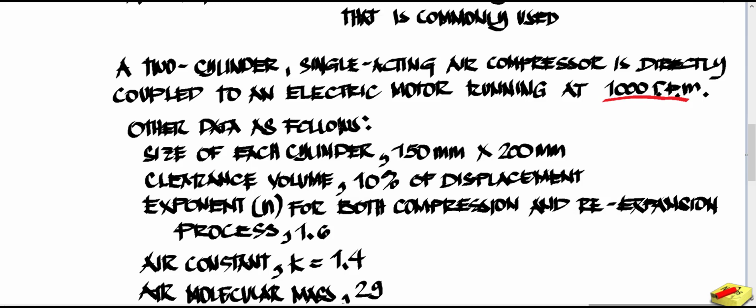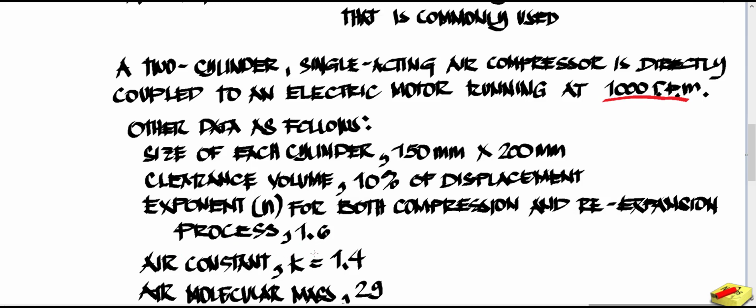The size of each cylinder is 150 mm by 200 mm, and the clearance volume, letter C, is 10% of the displacement. The exponent n for both the compression and re-expansion process has a value of 1.6.